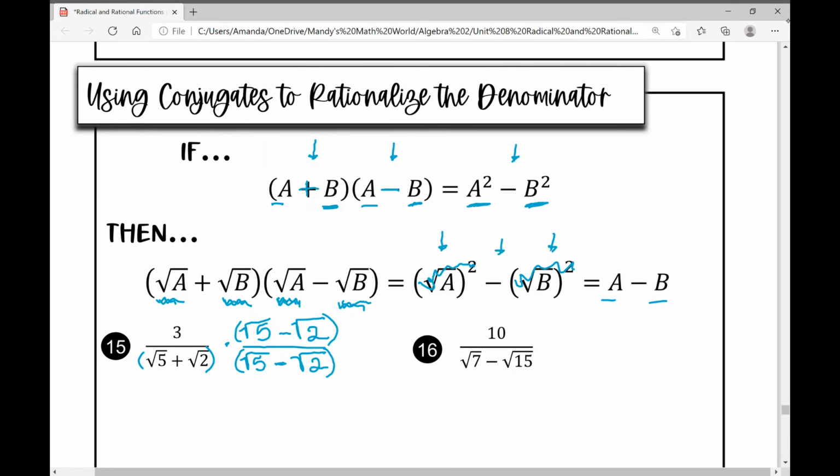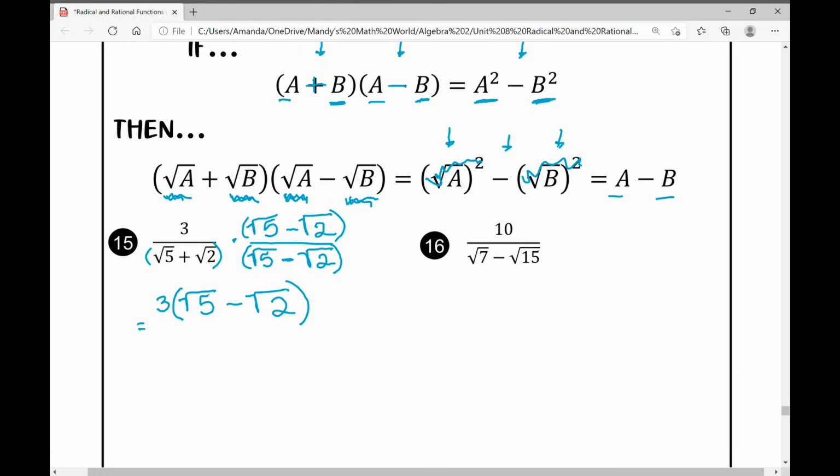So in this case now, in our numerator, we're still multiplying across. I just have 3 times the square root of 5 minus the square root of 2. And what I want to show you in your denominator, you don't have to write this every time, but I want to show you what happens if I were to FOIL these two binomials. The square root of 5, the first terms, right? Square root of 5 times square root of 5, well, that's the square root of 5 squared.